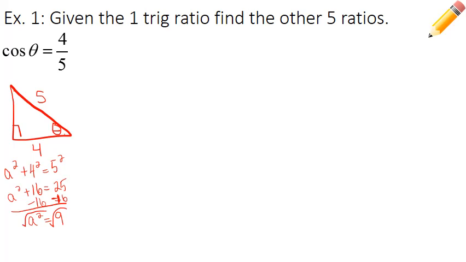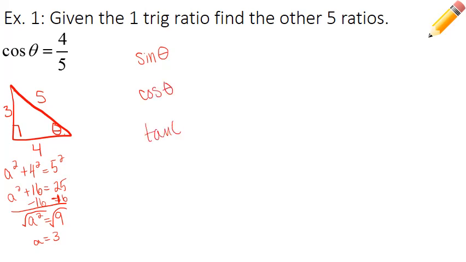Take the square root of both sides, and A is 3. So let's fill in that right triangle with the side length 3. So now we have the 3 sides of our triangle. What I always do to remember what to do is just write out all the trigonometric ratios that we know. We know sine theta, we've been given cosine theta, but we can write it down again.